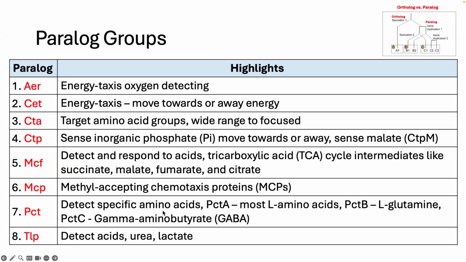Pct detects specific amino acids, and it focuses on the L-amino groups or a couple of other things here. So basically it's not just generic amino acids, but certain ones. And then finally, Tlp detects acids, urea, lactate.